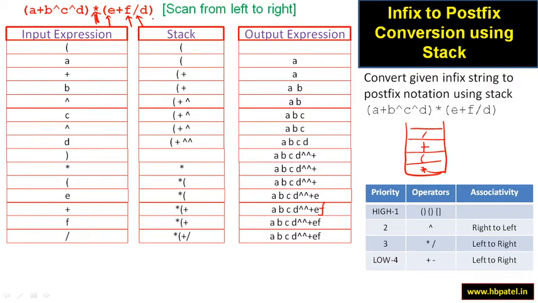Now last comes the closing bracket. The moment you find the closing bracket, we pop everything up to the opening bracket. So first the division is popped and put in the output, then the plus is popped and put in the output, and then the bracket is nullified. Still there is one more operator left, which we'll see later.